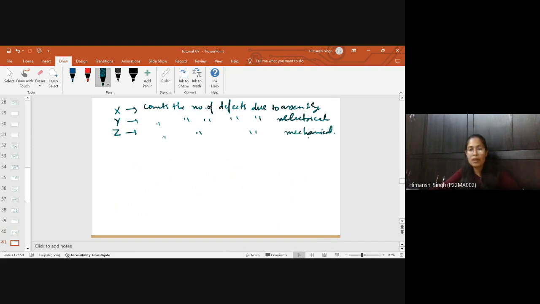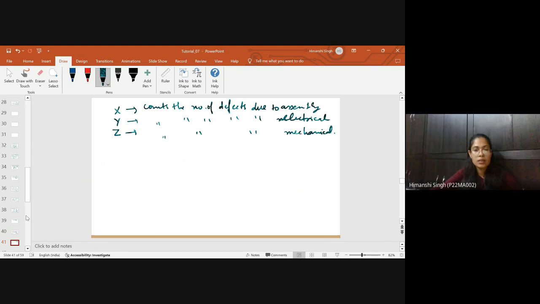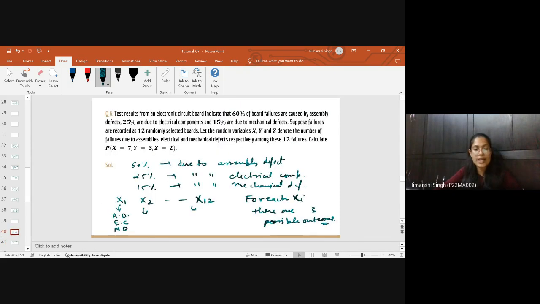In total we have 12 boards selected. So we can model this situation with the trinomial distribution, because for each xi we have three outcomes: assembly defect, electrical defect, or mechanical defect.